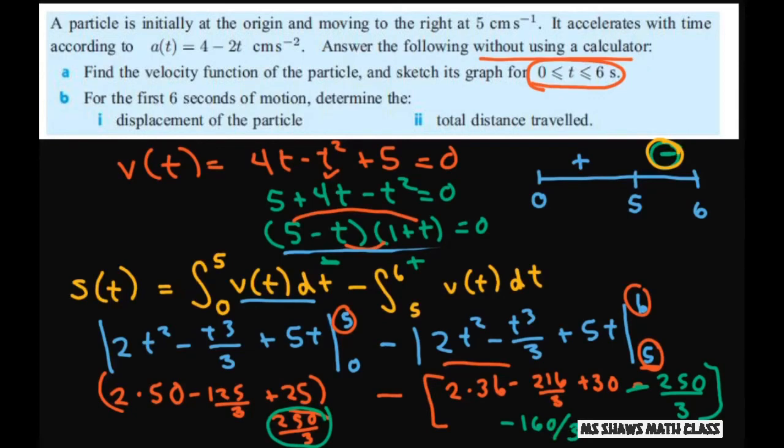So what we end up having is 250 divided by 3, 2 negatives make a positive, 160 divided by 3. And that's going to give you 410 divided by 3 centimeters is your total distance traveled.